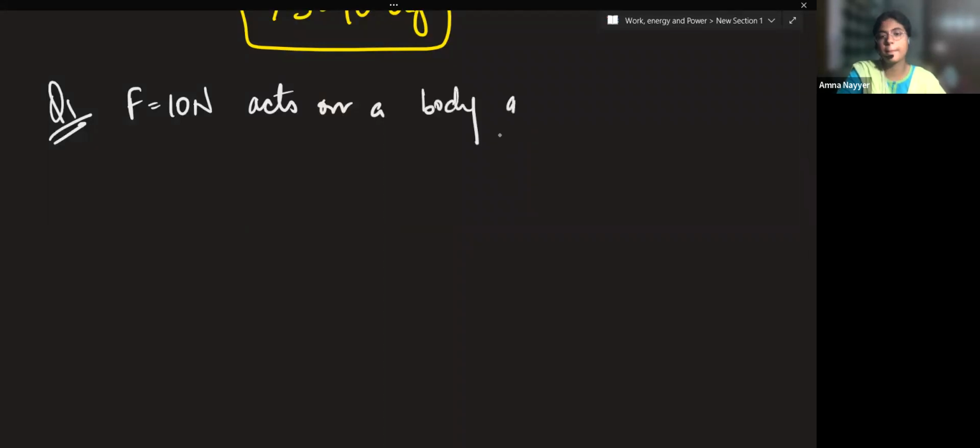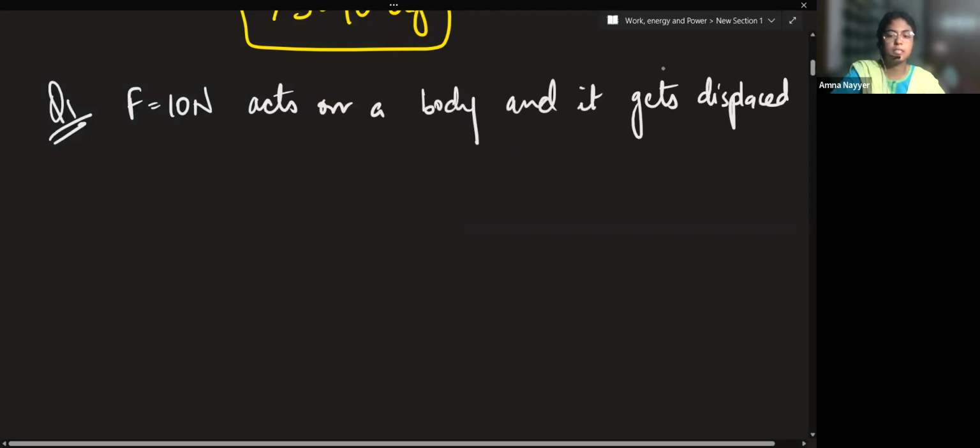Okay, let's take an example. Let's say a force of 10 Newton acts on a body and it gets displaced by 5 meters.